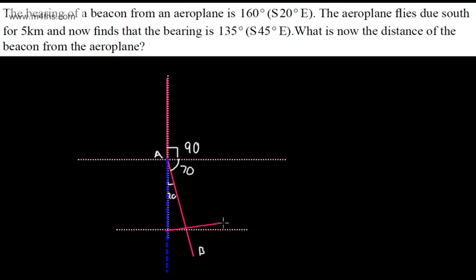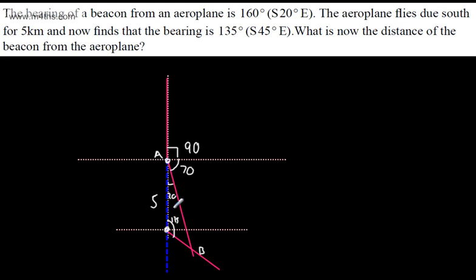So there's 0, there's 90, and 135 will look something like that. This length right here, from where it started to where it finished, is 5 kilometers. I know that that's 90 degrees, so I've got 135 here.